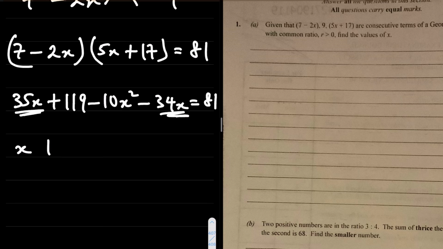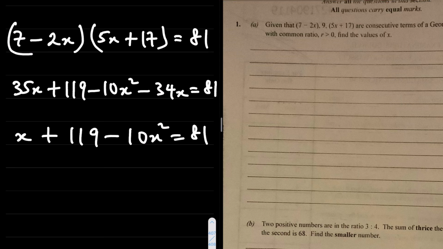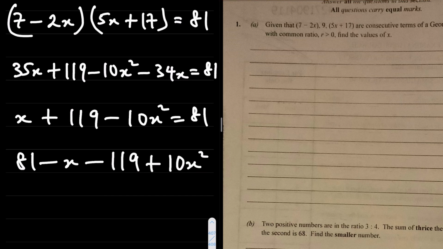That means x plus 119 minus 10x squared equals 81. And now I can move the whole of the left hand side to the right hand side, and that becomes 81 minus x minus 119 plus 10x squared equals 0.